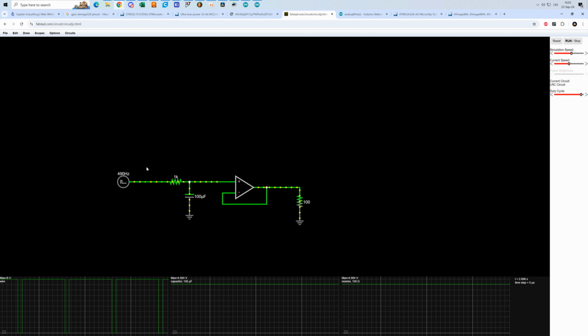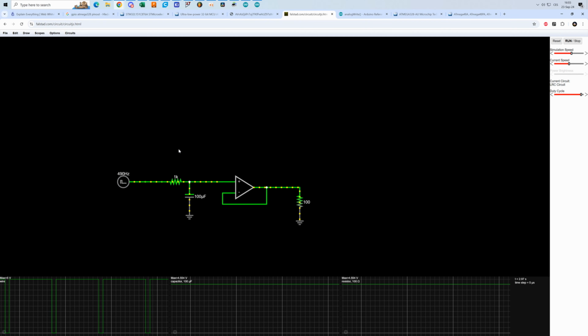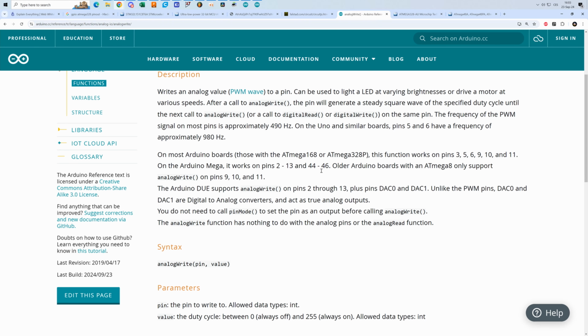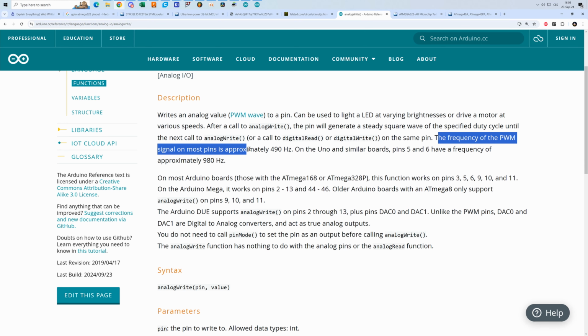Also, the output frequency of the PWM on Arduino is very small. It's only 490 Hertz. We can see that over here. Frequency of PWM 490 Hertz. So that's a very low frequency.